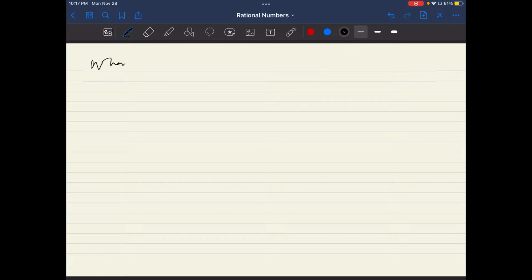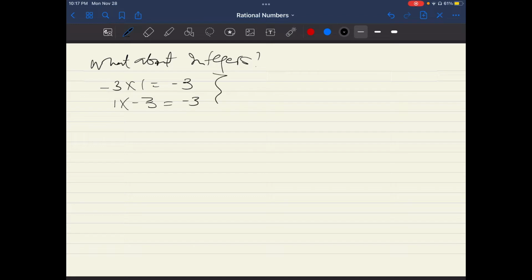Now, what about integers? If we look at minus 3 times 1, it equals minus 3. And if we say 1 times minus 3, it also equals minus 3. Therefore, we can say that minus 3 times 1 equals 1 times minus 3 equals minus 3.